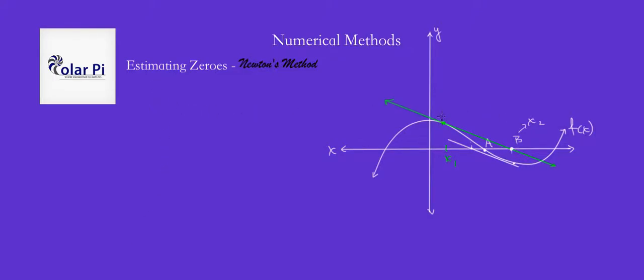Okay, so what's the equation of this tangent line? Well, being that the point there is x1 comma f of x1, we know from calculus that the tangent line would be y minus y1, which is f of x1, equal to m, the slope, and the slope at x1 is f prime of x1.